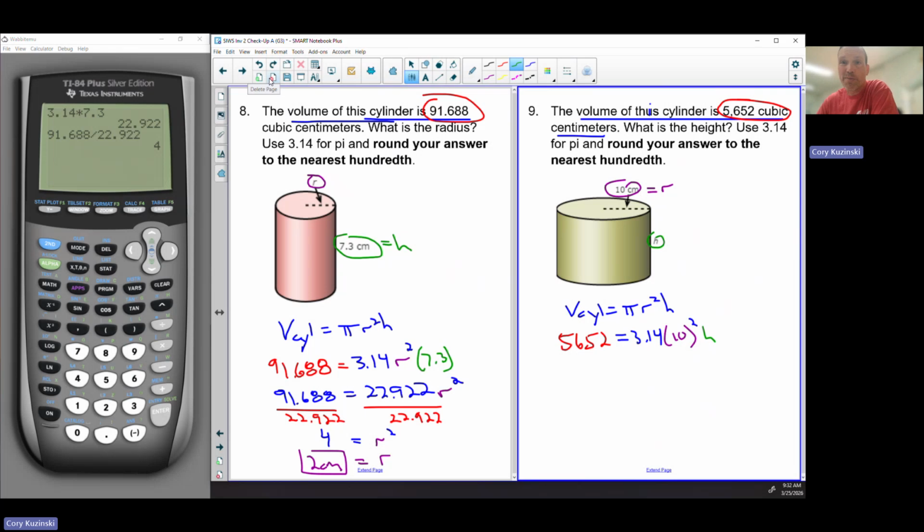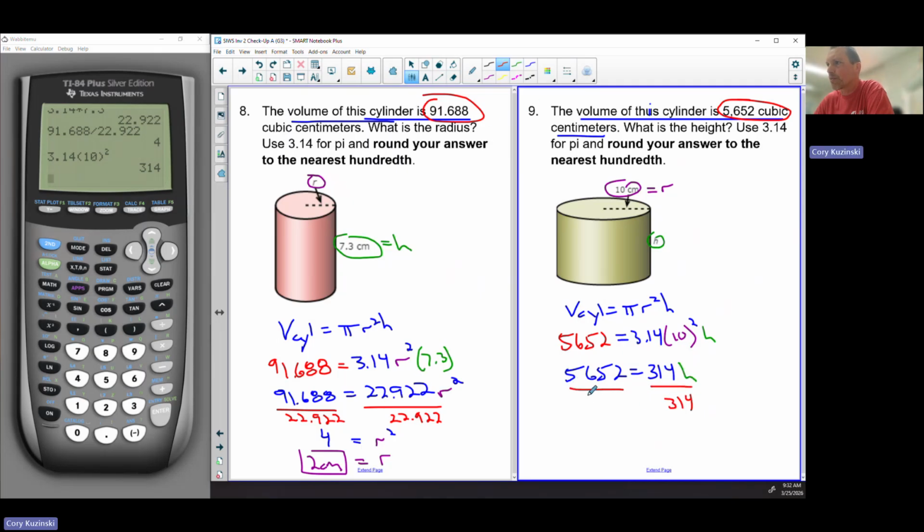Let's finish this one. So let's do 3.14 times 10 squared first. That's 314. So let's go, 5652 equals 314h. And then let's divide both sides by 314 and we'll have our answer.